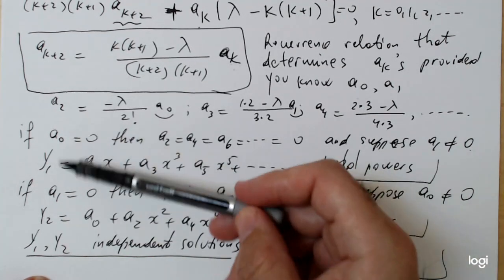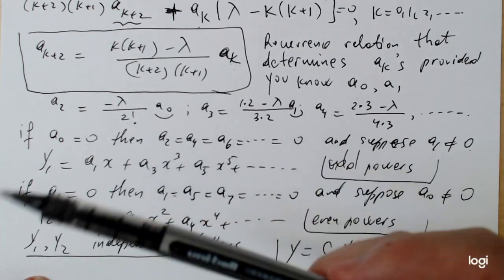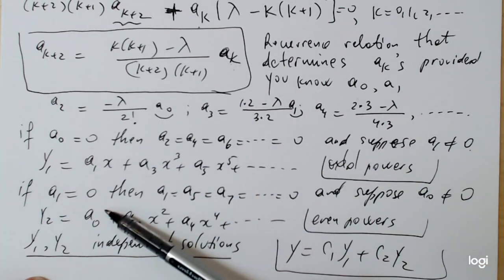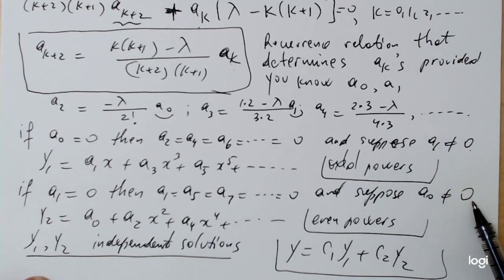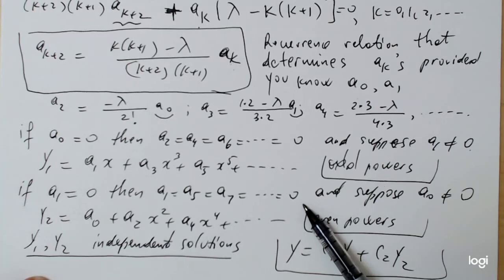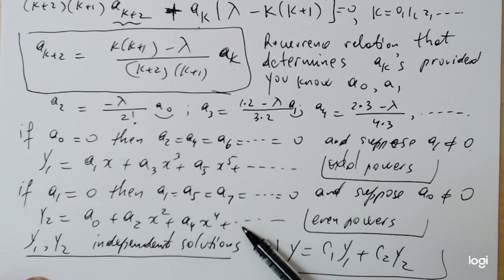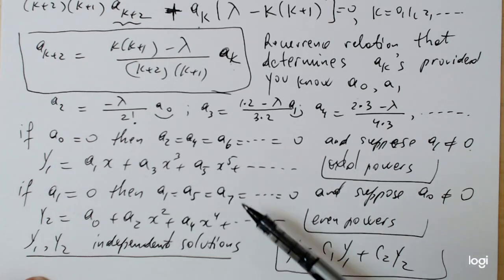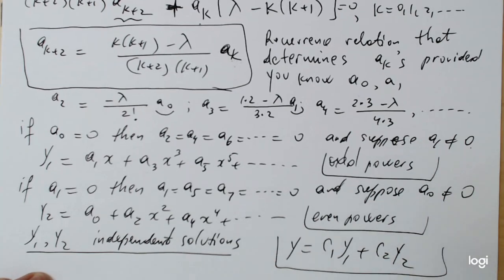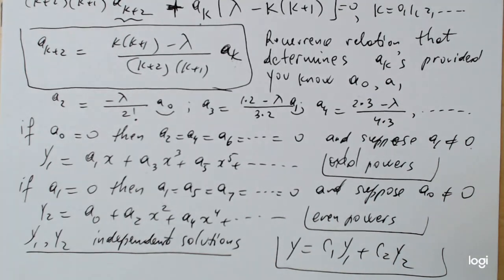Alternatively, if you start with A1 equals 0 but A naught not equal to 0, this ensures all the odd index coefficients are 0, which means your solution contains only even powers. That means these two solutions are guaranteed to be independent, so your general solution can be written in terms of these two series.